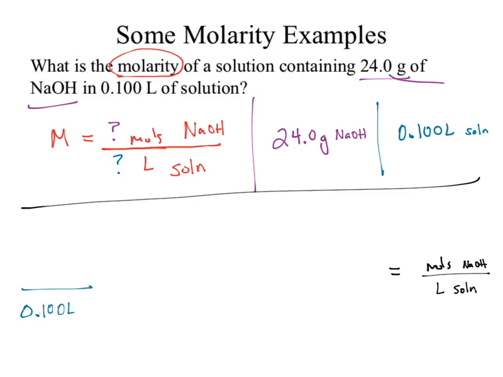So 0.100 liters of solution. What is that being converted to? If we look at the given information, 0.100 liters of solution, what is that being converted to? What other unit is showing up in that given information?